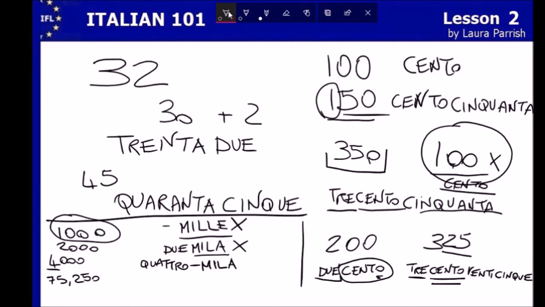So you start to say 75. 75 in Italian is 70, you do like in English, basically. 70, that is 70, because 70 is 70, then 5. 75.